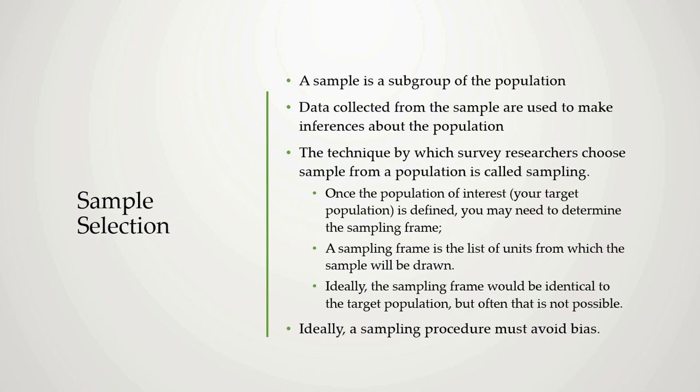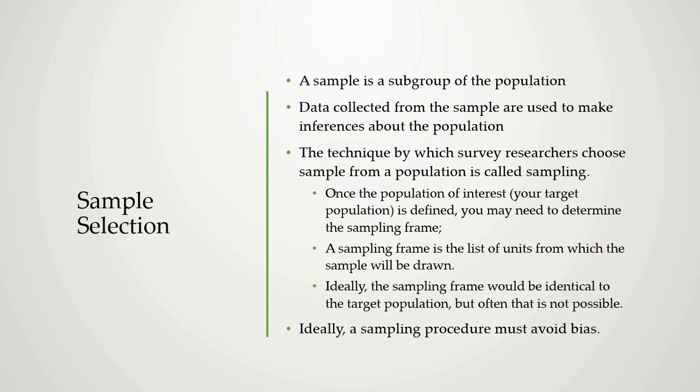In most research projects, it's unlikely that the researchers have access to the entire population, or it's unlikely that time and resources are available to collect data from the entire population. Therefore, sampling is an important step in which a subgroup is selected from the target population. Put in a different way, a sample is a subgroup of the population.